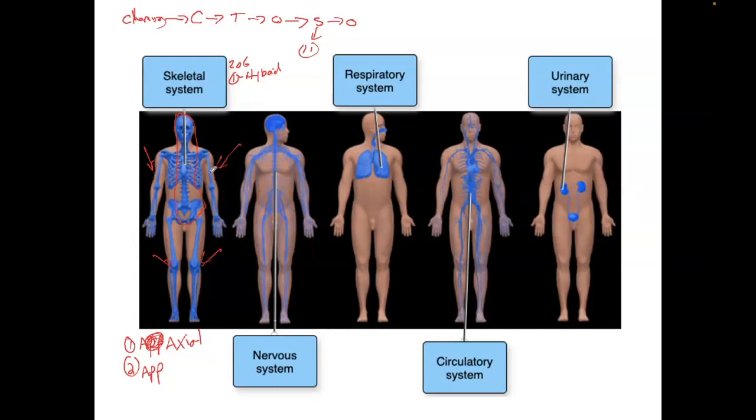And bones act as a bank. What do I mean by a bank? A bank is like a reserve. It stores a lot of minerals. So when you eat food, your body's going to utilize a lot of vitamins and minerals, and whatever is left over, it stores those minerals in the bone, like calcium and magnesium and iron and zinc.